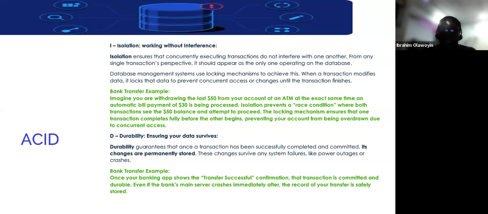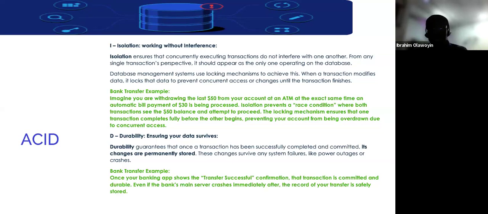And this is where the locking mechanism is introduced in databases. What the locking mechanism does is, at the time you are trying to remove the 2,000 and another system is also trying to debit 2,000, it locks one for the other and allows one to succeed.